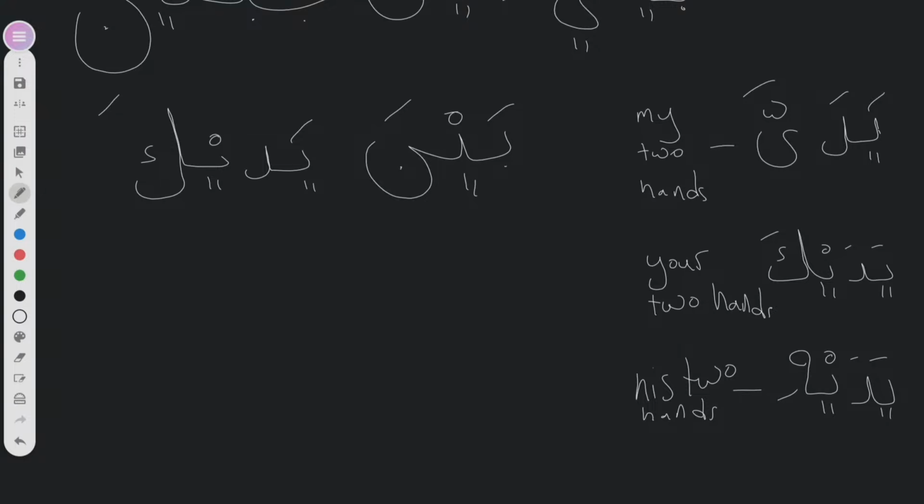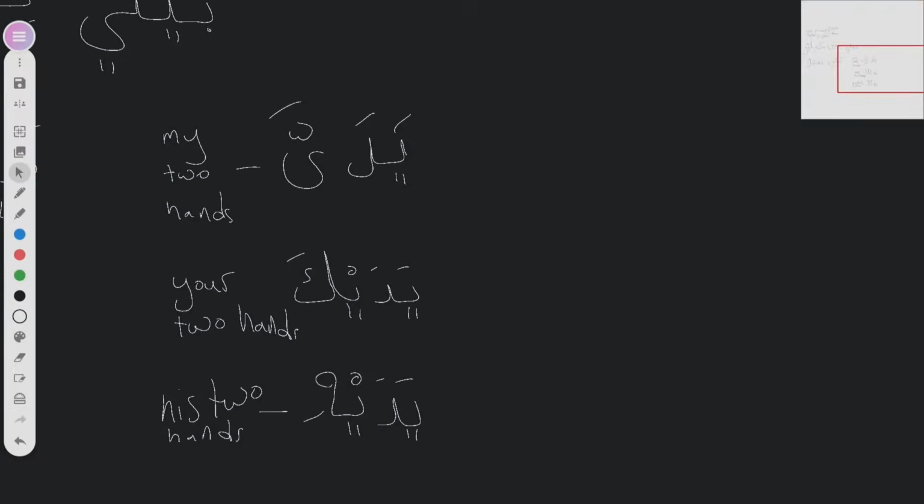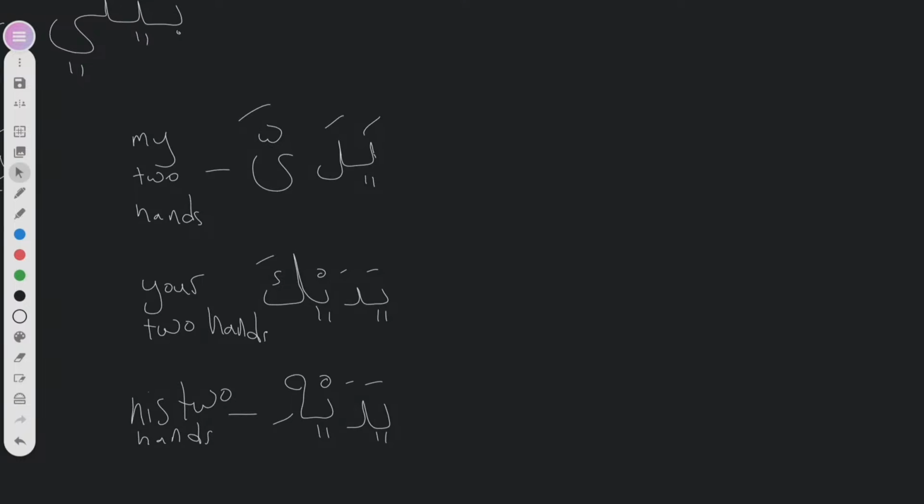The famous book, Al-Arabiya baina yadayk. Arabic between your hands, or Arabic in front of you. So, baina with any one of these things. Let's pull all of these here. Put baina here.